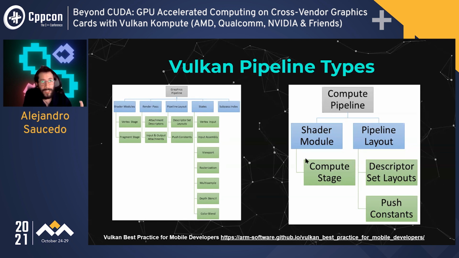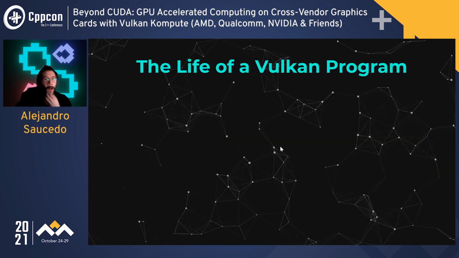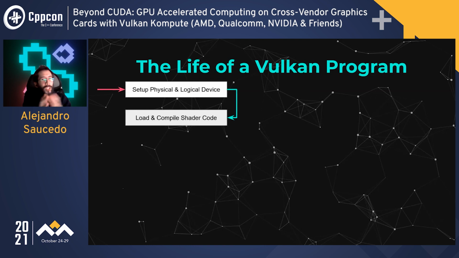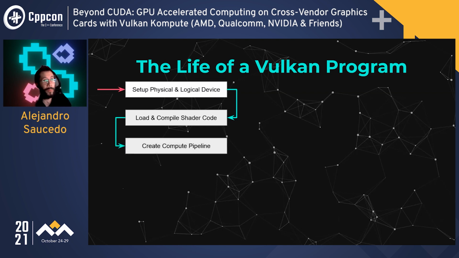And from this perspective, if we were to implement a hello world in Vulkan with all that we have learned, what we would want to do is the following. We would first set up the physical and logical device. We would then load and compile our shader code into instructions that are readable by the GPU, which is called SPIR-V. We're then going to create our compute pipeline.